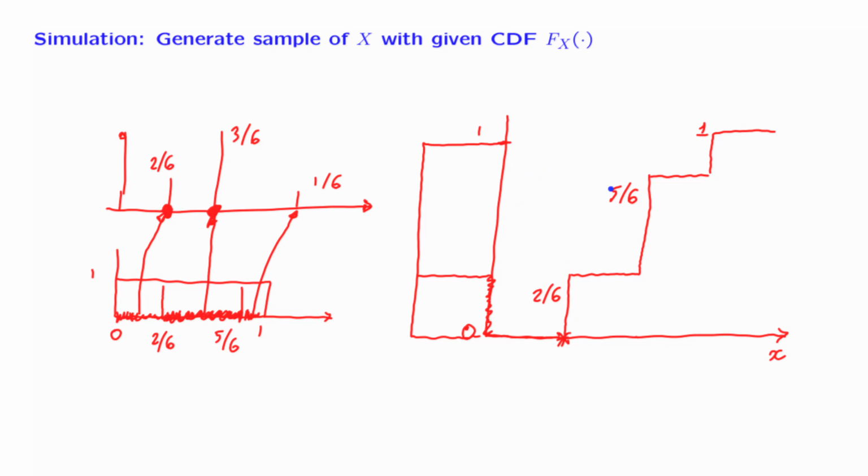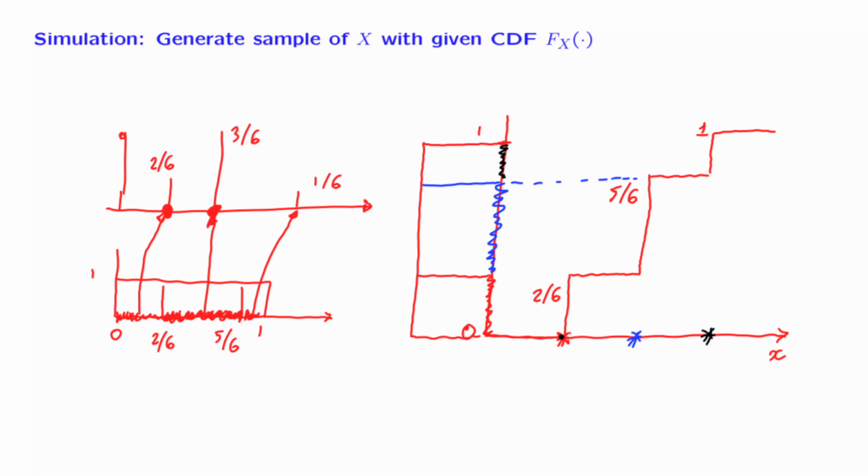If my uniform random variable happens to fall in this interval, I'm going to report that value. And finally, if my uniform falls in this interval, I'm going to report that value. We're doing exactly the same thing as before. With probability 2 over 6, my uniform falls here, and we report this value, and so on.